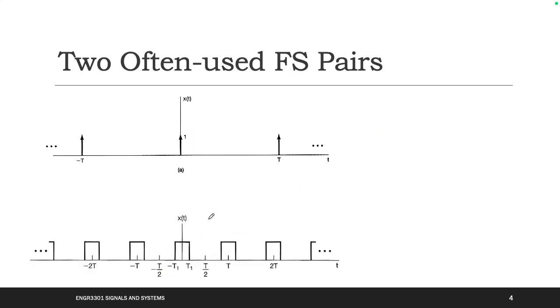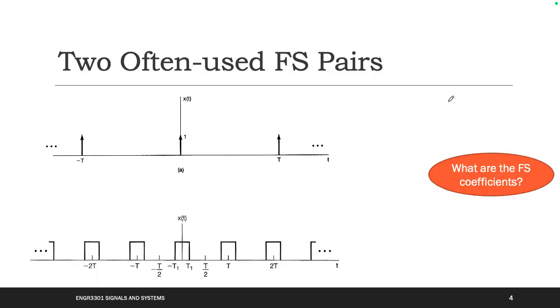And then we talk about two often used FS pairs. Actually, we talked about this last Wednesday. I explained why those two signals are very important for us: we will use those two, together with the Fourier series properties, to simplify the computation of the Fourier series coefficients.